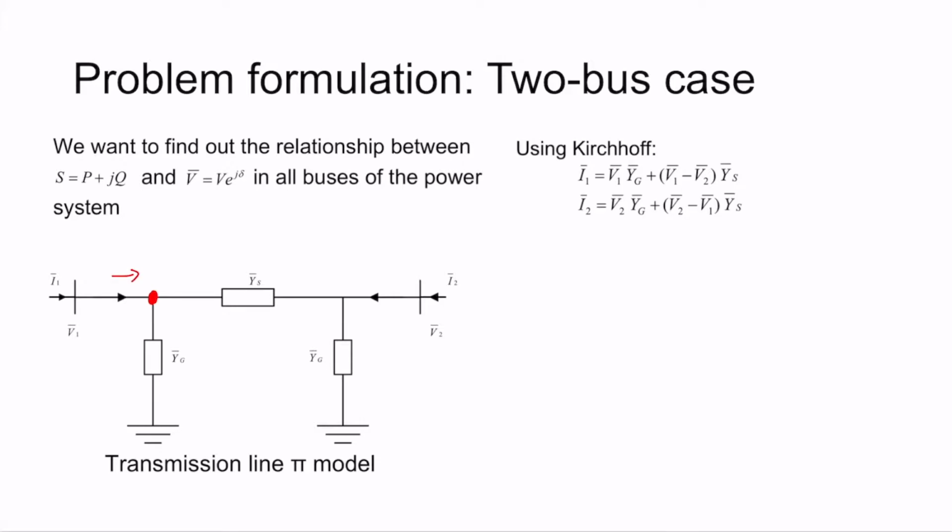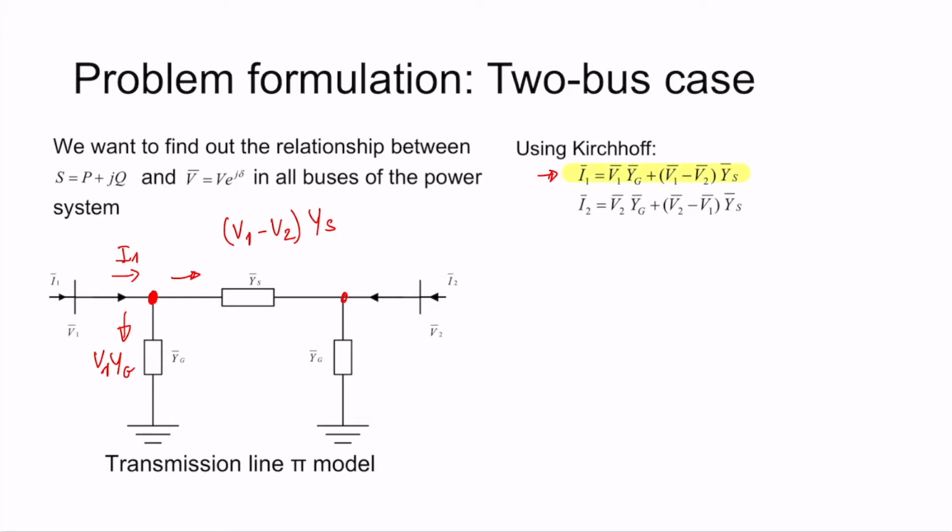The current that enters here, I1, is equal to the current leaving through this shunt element, which is V1 YG, plus the current going through the series part. The current in this last part is equal to the voltage drop V1 minus V2 divided by the series impedance. Since I have admittance, it is multiplied by the series admittance.